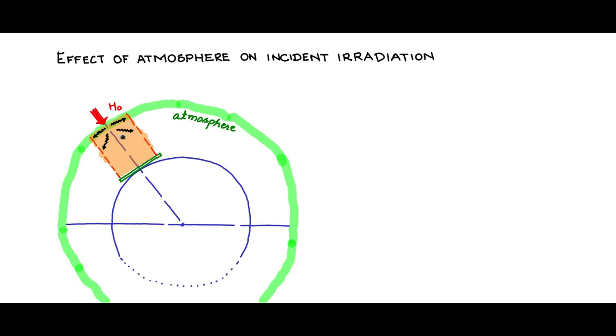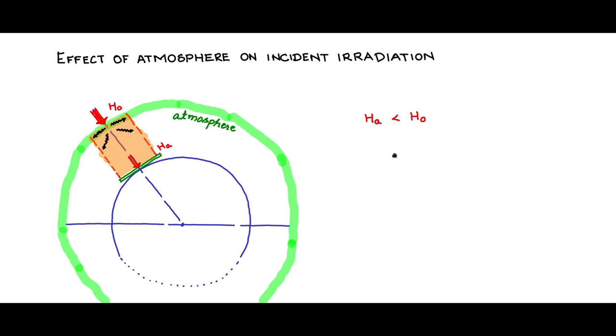And as you come down, water vapor, clouds, aerosols, dust, they all will also cause attenuation, and what will be falling on the flat plate collector will be much smaller, and that we will call HA. HA is the incident energy on the horizontal flat plate collector with atmospheric effects. And quite obviously, HA will be less than H naught.